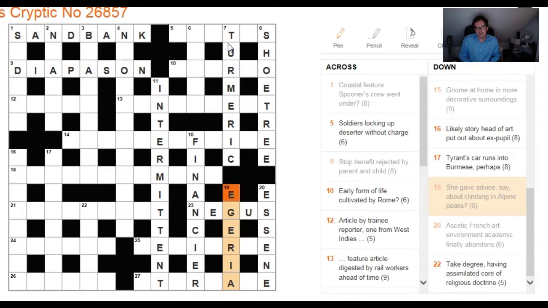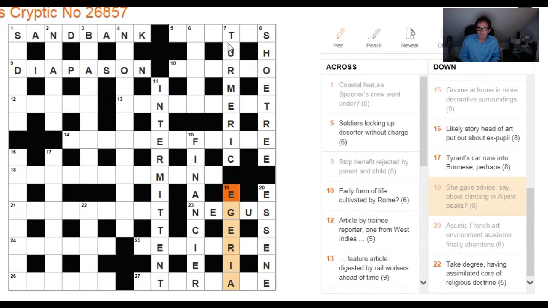And similarly here, I'm not sure referring to peaks is really referring to the initial letters, but someone will probably correct me. But anyway, that's how that clue worked. Very difficult, and some unusual wordplay.